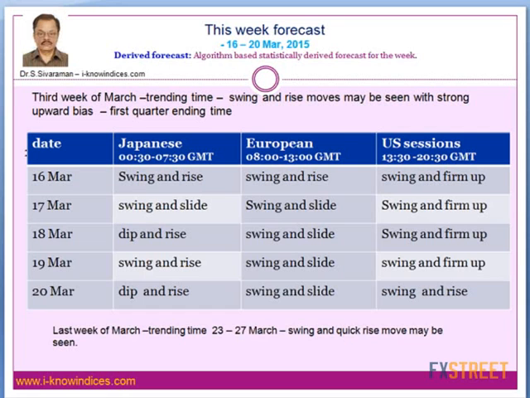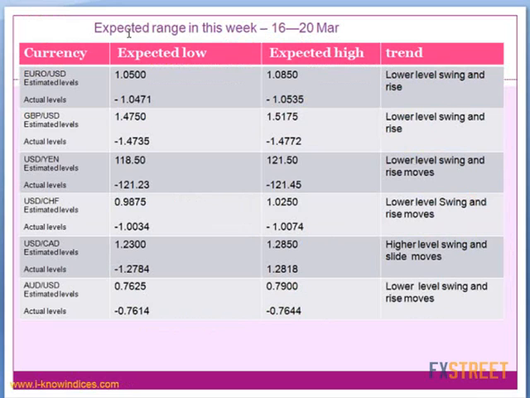Then USD CHF is expected to make a swing, probably below parity briefly, and then again go above parity. The Canadian dollar is expected to make a slow one-sided downward move quickly for the month end, and the Australian dollar is expected to gain quickly, one-sided, during this time frame.